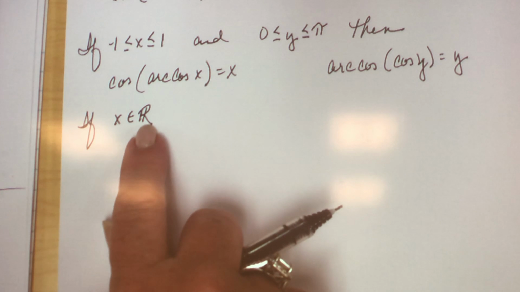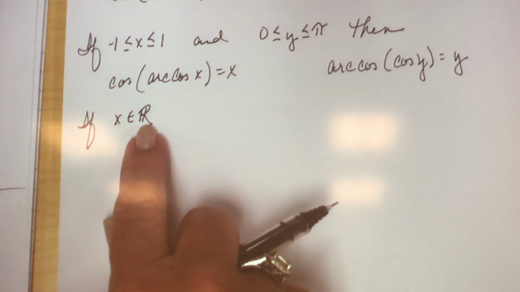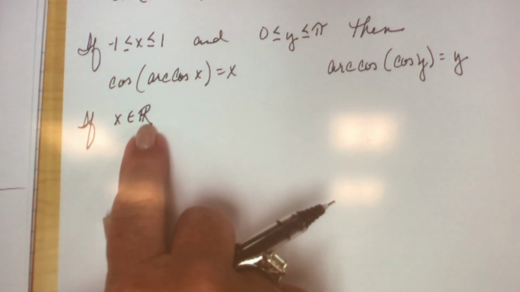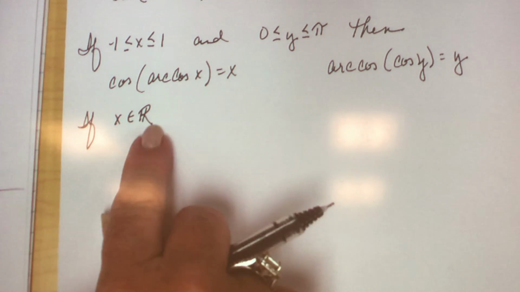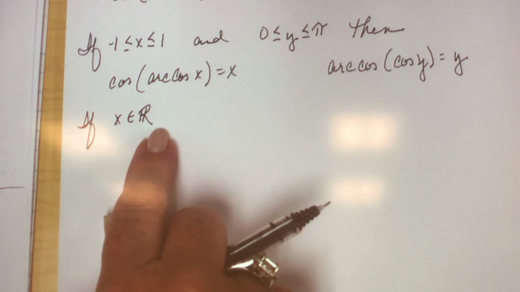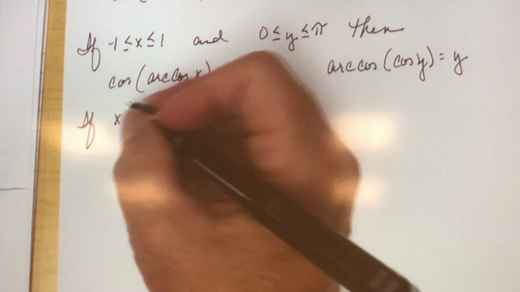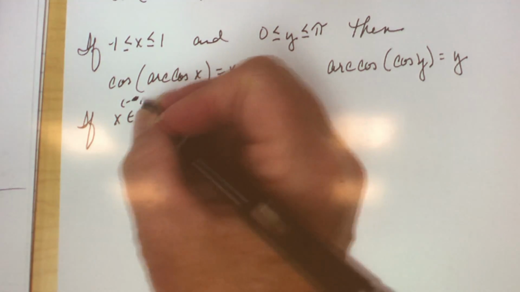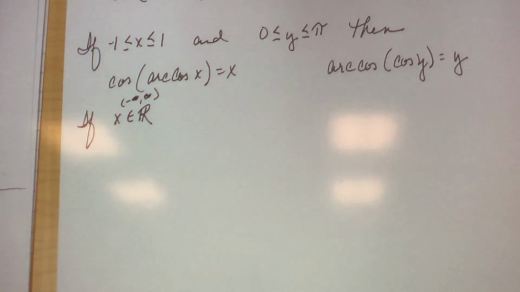And how do I know that R stands for the real numbers? A double-barred R is the real numbers. A capital R is just a capital R for Richard or Rochelle, or whatever. So what was my domain? Obviously I'm talking about tangent. Negative infinity to positive infinity, all real numbers.